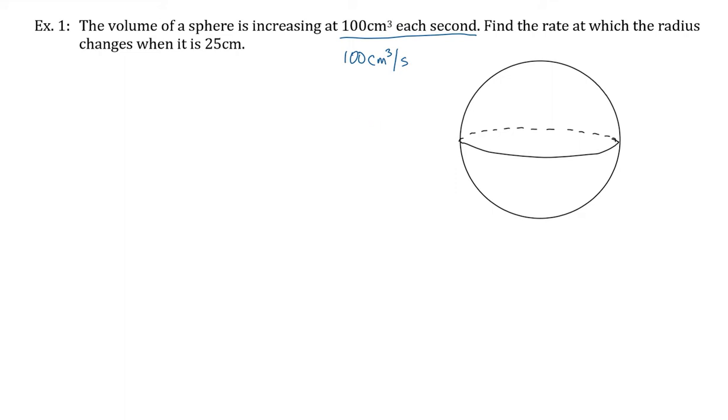So, find the rate at which the radius changes when it is 25 centimeters. The fact that we are comparing this to time, but we're doing all these different measurements, that's going to make every single one of these questions implicit. These are all implicit, and that is one of the sort of maybe strange things when you first start doing this, that often when we have an x in our question, we're taking the derivative with respect to x.